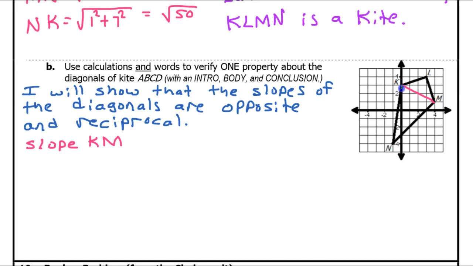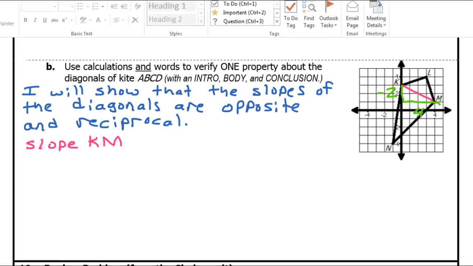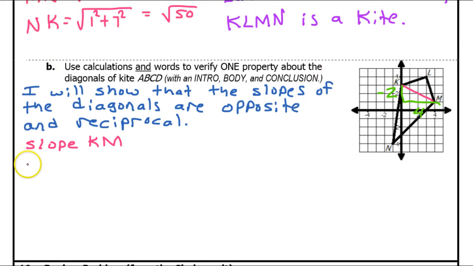So from K to M, I'd have to go down 2 and right 4. So that's -2 is the rise and 4 is the run. Okay, so I've got -2 over 4, which simplifies down to -1/2. So that's the slope of KM.